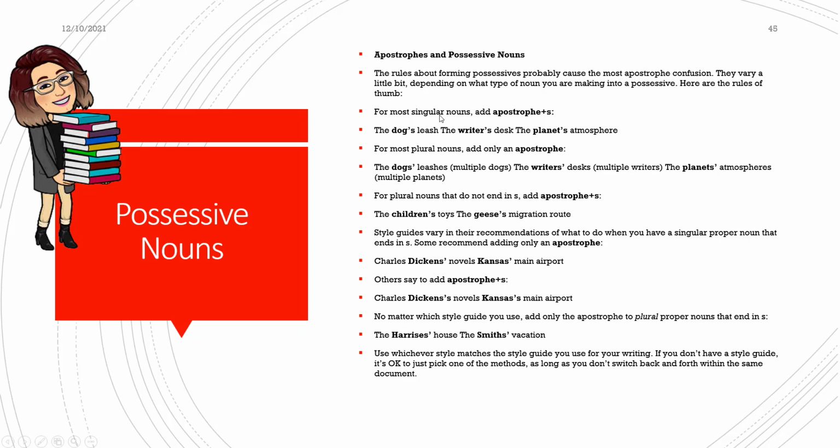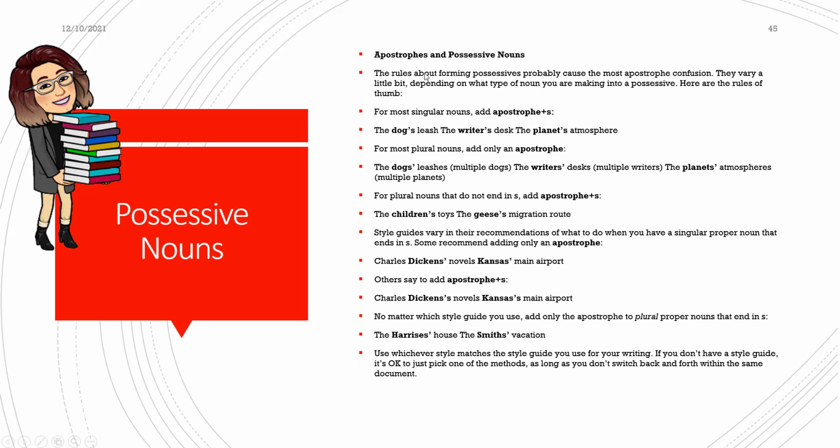So here you have the dog's leash. The dogs' leash, multiple dogs. If you have someone's name that ends in S, Jess's desk, then you would have J-E-S-S, and then the apostrophe would come after the S. Or any word that already ends in S, just like plural dogs.